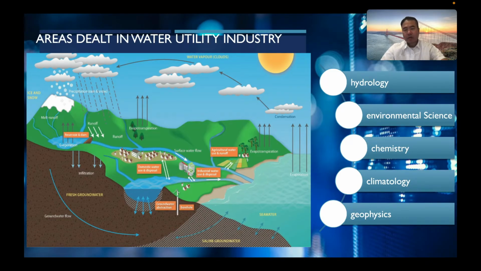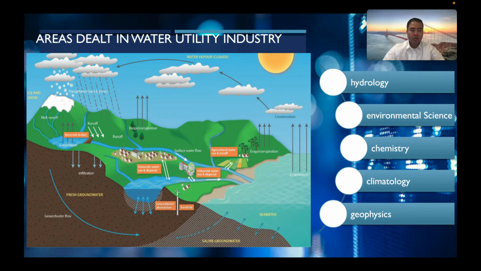The areas in the water industry are very broad. You need to understand many areas of science to deal with the water industry. First of all, hydrology. Water comes from the sky, from the clouds. It comes down as rain or snow, and then becomes a lake or river, and we can use the water from there.